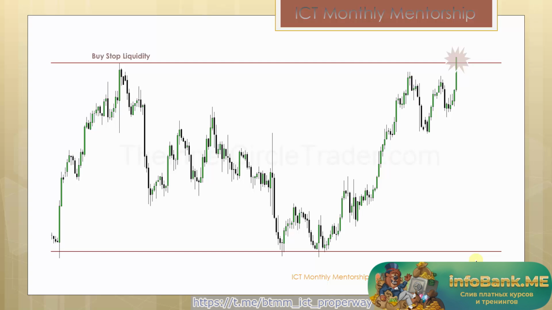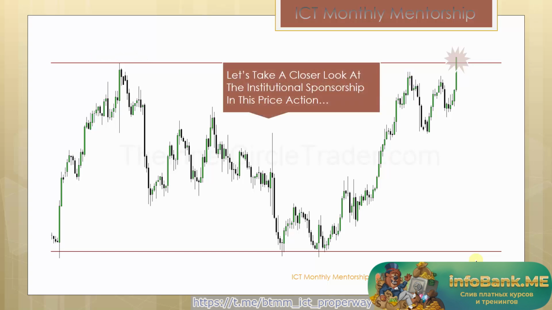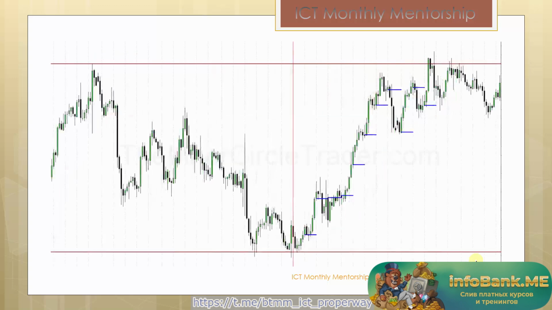So let's take a closer look at why this was such an easy expectation and how institutional sponsorship could aid you in your price action study when you see buy stop liquidity as your targets. What things should we see in price action to help support these ideas? We're going to take a look at this in the form of a lower time frame chart, and again, outline why the buy stop liquidity was run out.